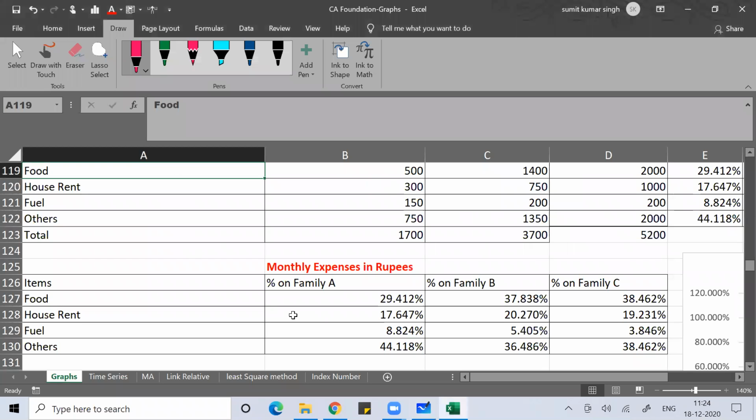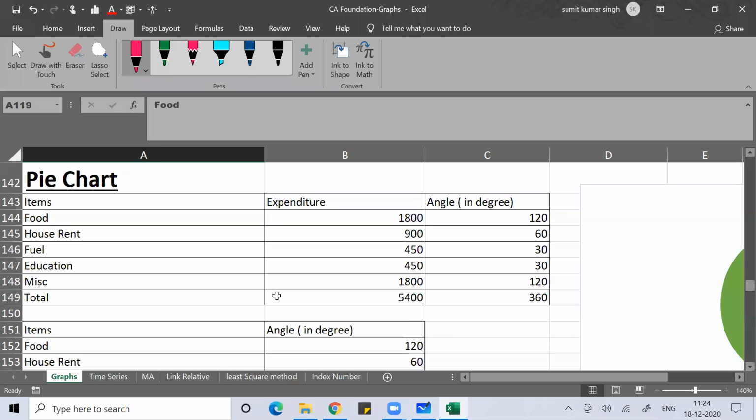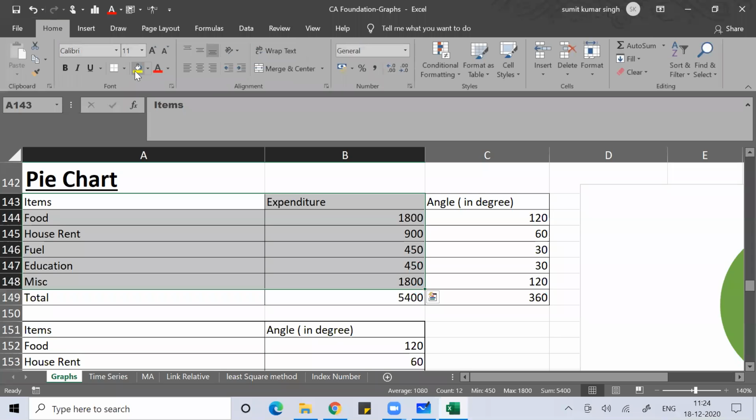Now the same thing we can discuss as a pie chart. Suppose this is your problem.